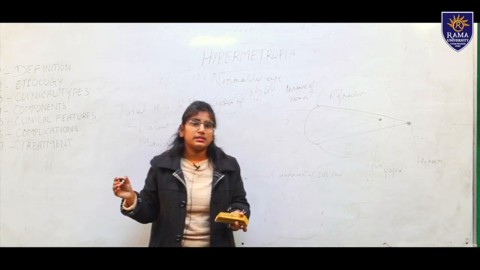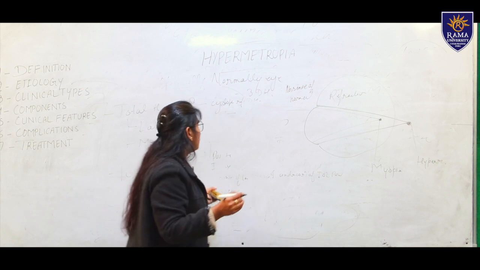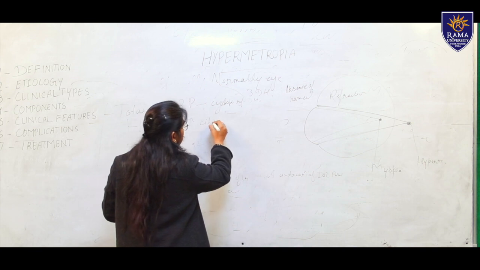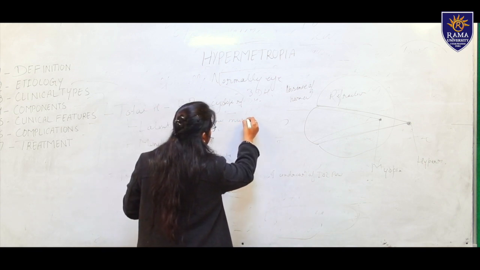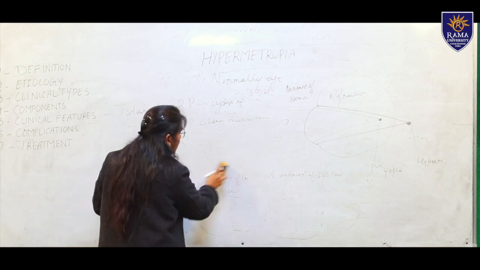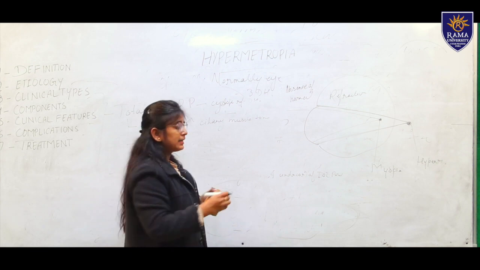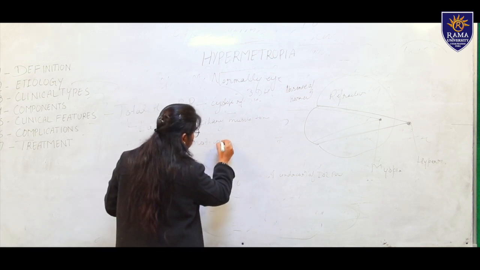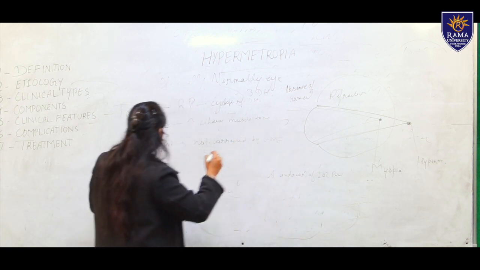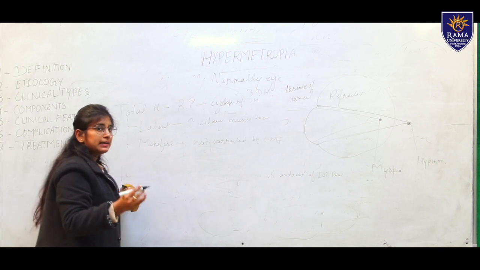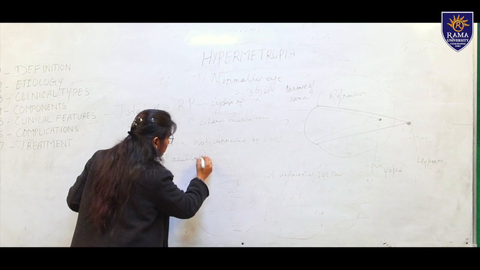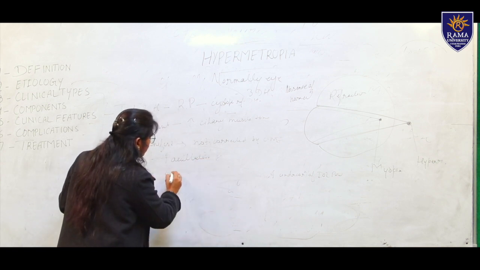Latent hypermetropia is the amount of hypermetropia which is corrected by the ciliary muscles on their own. And manifest hypermetropia is the amount of hypermetropic power which is not corrected by the ciliary muscle. Manifest hypermetropia is further divided into two types, facultative hypermetropia and absolute hypermetropia.